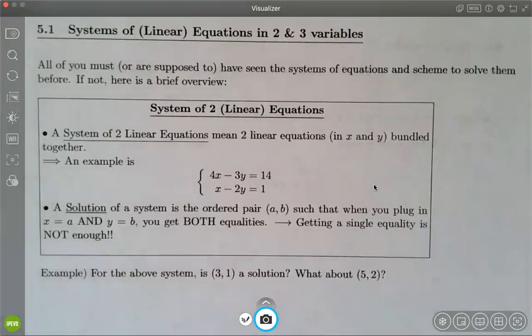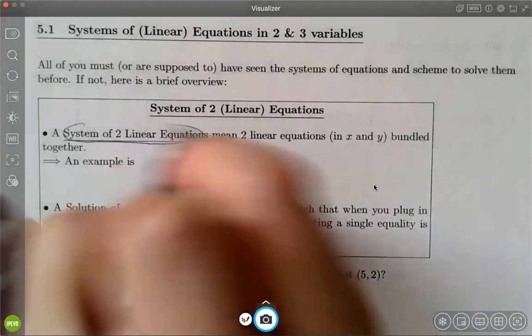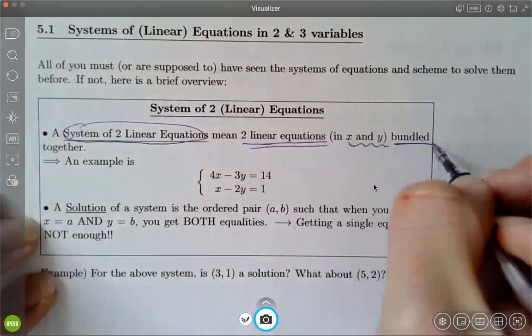Systems of equations in 2 and 3 variables, okay? Now, if you have not seen systems of equations, here is the brief overview, okay? So, a system of 2 equations means we have 2 linear equations in x and y bundled together.